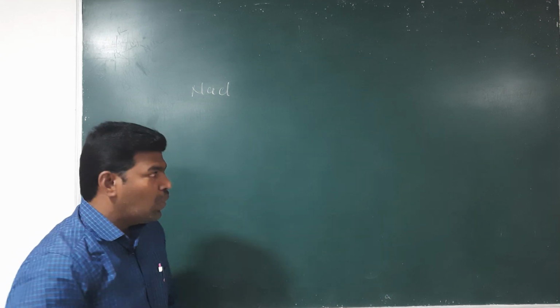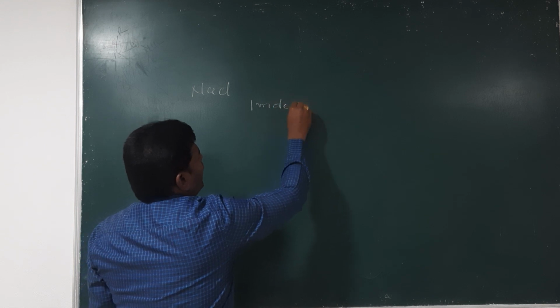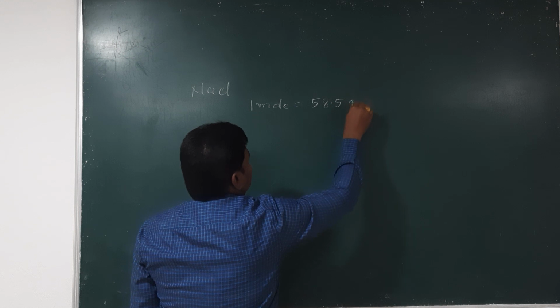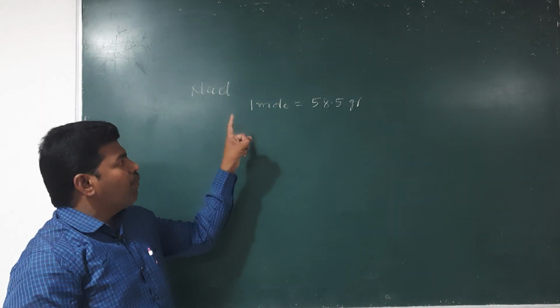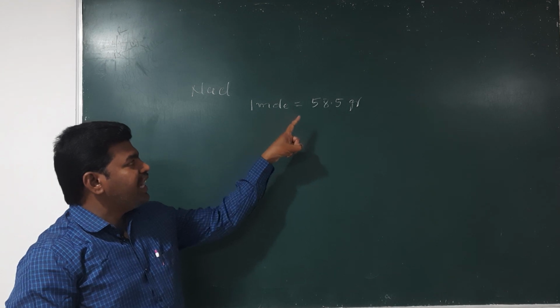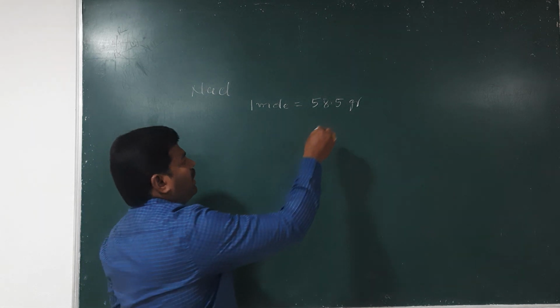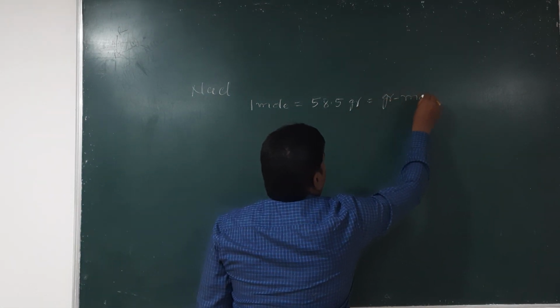That is, 1 mole sodium chloride is equal to 58.5 grams, and of course this is equal to gram molecule.